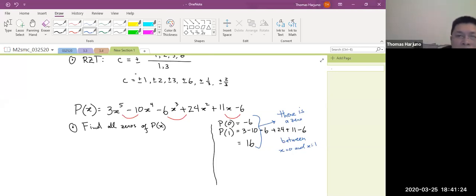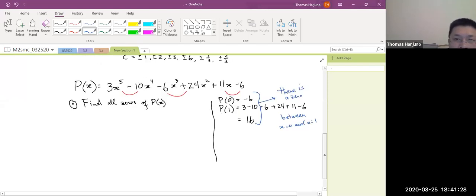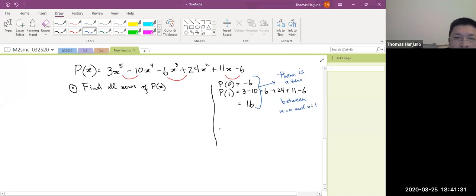Let's do something else. How about if I want to find P(2)? I don't want to plug that in. I use synthetic division to find P(2).